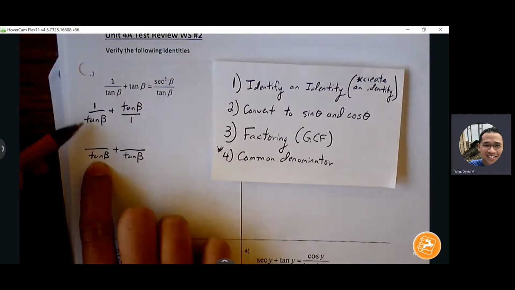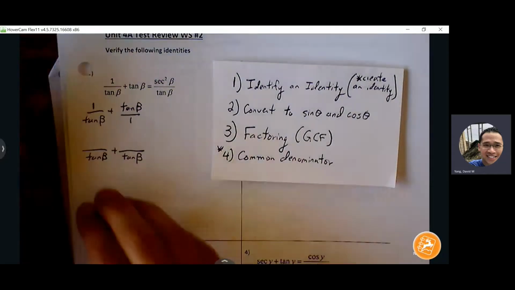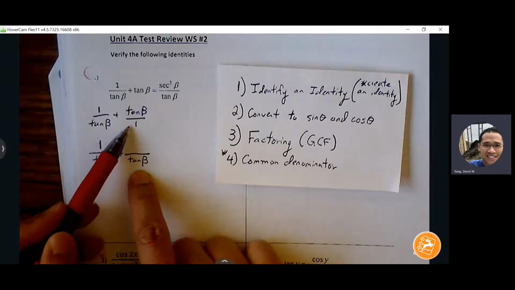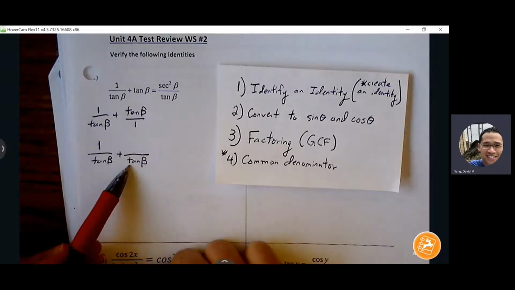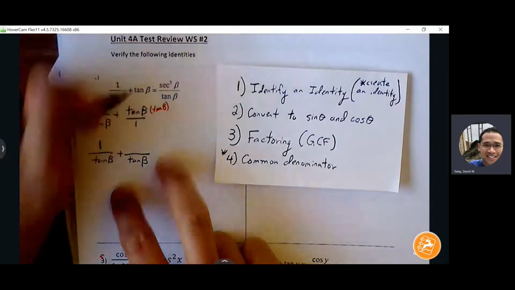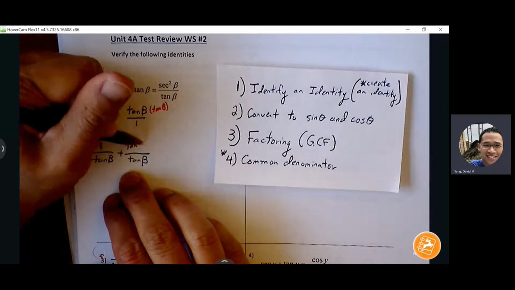Okay. First fraction, no balancing needed. I can bring down that 1 without any issue. The second term, however, the second fraction's old denominator is missing a tangent b, so I need to multiply by tangent b. So tangent squared b.